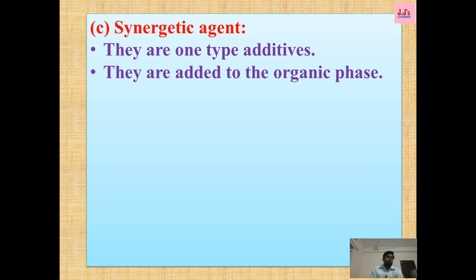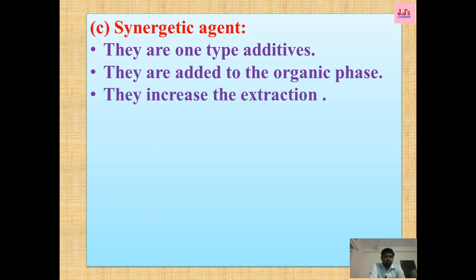Here is one question for you: what is the difference between synergistic agent and synergetic agent? The difference is very simple. Synergistic agents are added in aqueous phase, water, while synergetic agents are added in the organic phase. That is the main difference.